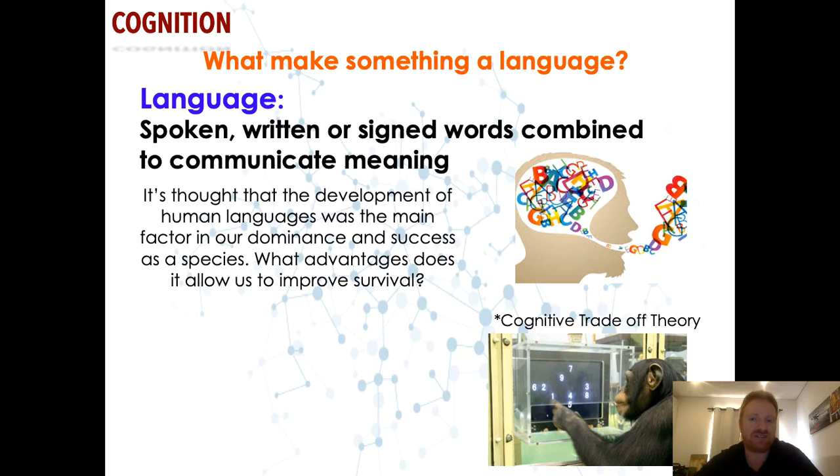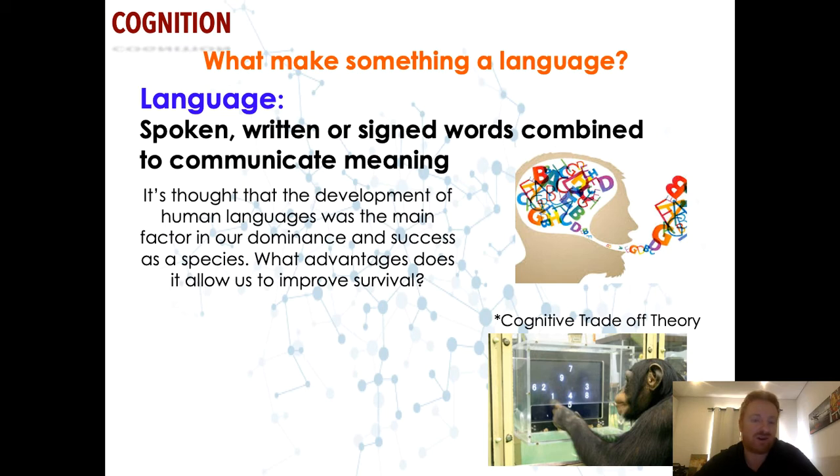So, under this definition, I guess we could say that yes, animals do have language because they are able to communicate meaning with individual words. They don't necessarily combine them the way that we do, but there are examples like meerkats that live on the African savannas. They have certain calls that alert the members of their group to different types of predators.